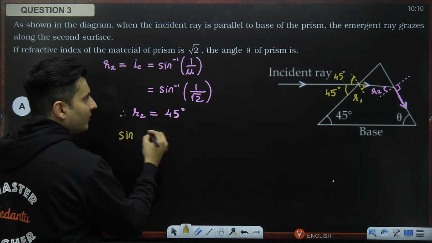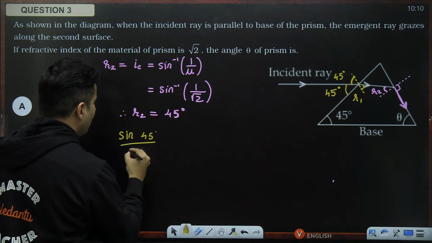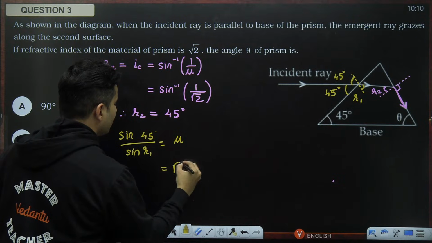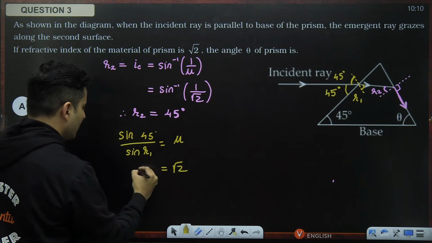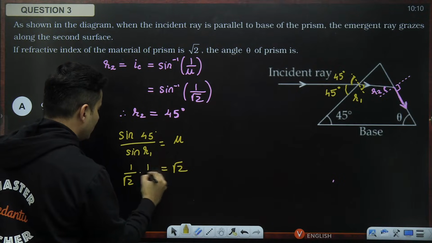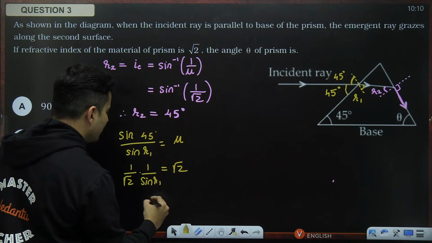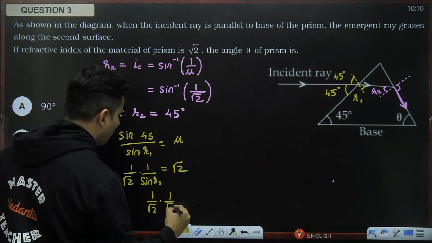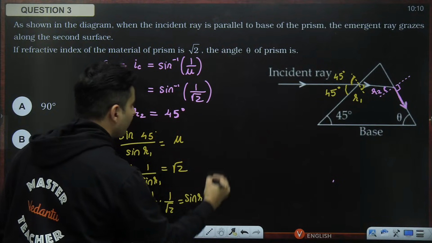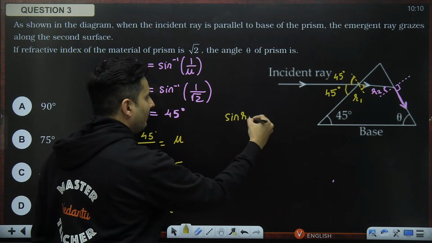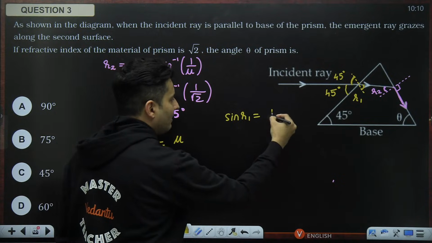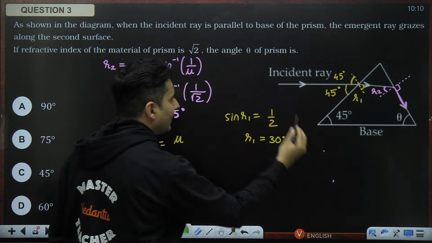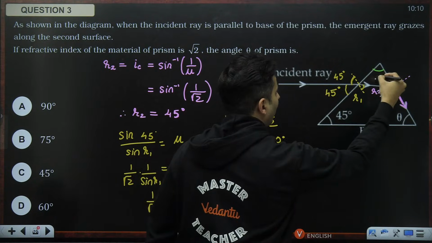Sine of I divided by sine of R is equal to refractive index, which is √2 as given in the question. Sine 45 is 1 by √2. This is 1 by sine R1. Taking it to the other side, 1 by √2 divided by √2 gives sine of R1 equal to 1 by 2. Therefore, R1 is 30 degrees.